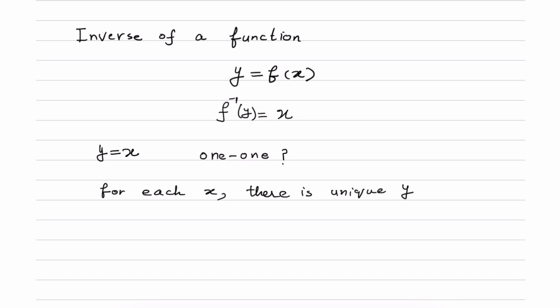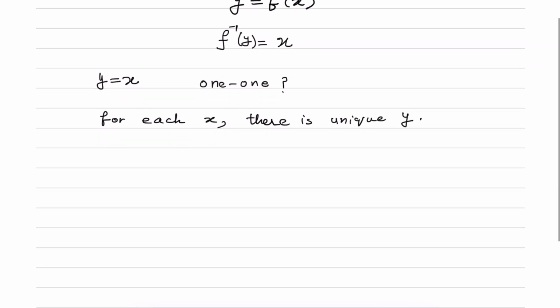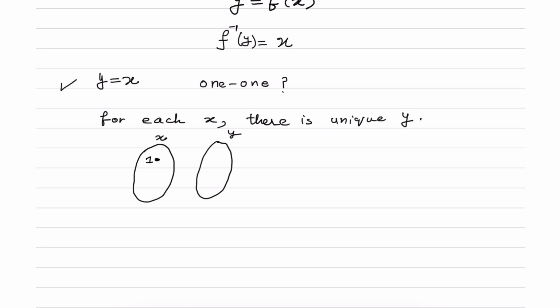Okay, let's try to understand this through a picture. Here we are taking x values and here we are putting y values. So for this function y equal to x, if we take x equal to 1, the answer is 1. If we take x as 2, the answer is 2.